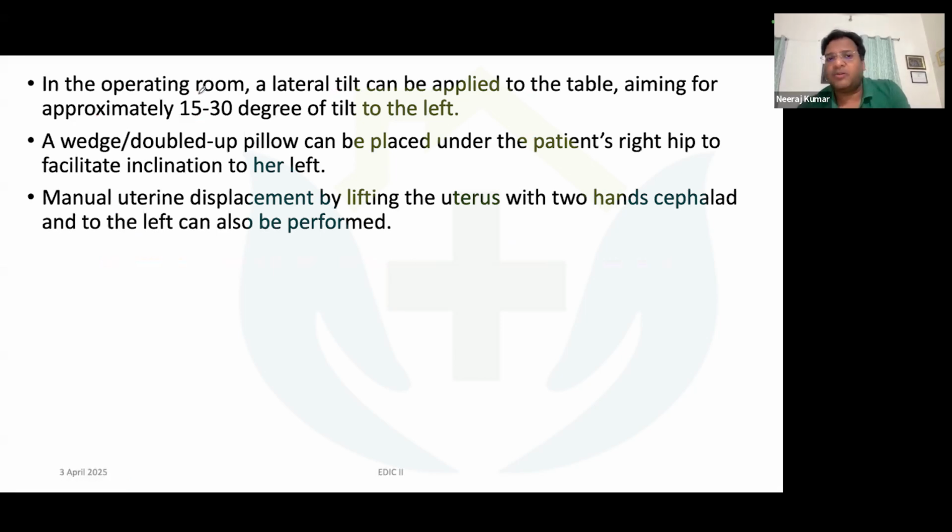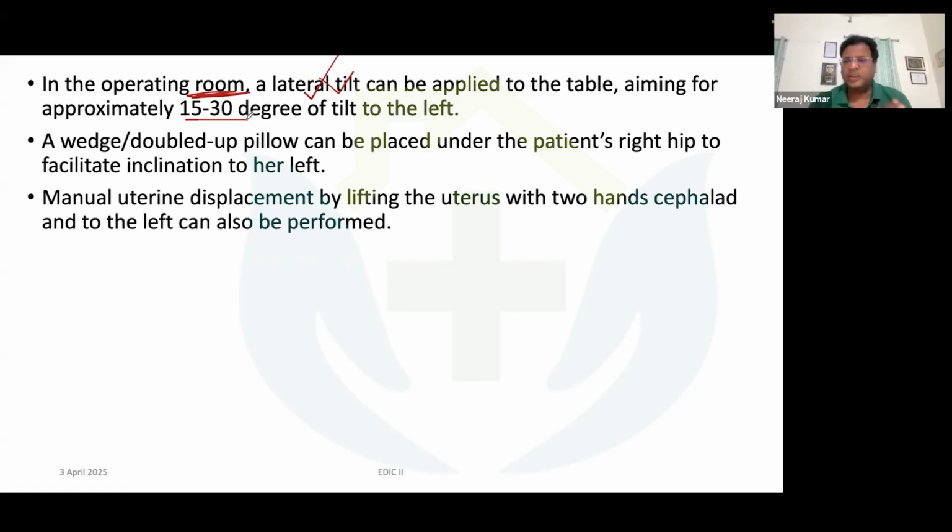In the operating room, if you are dealing with a pregnant patient inside the operating room, a lateral tilt can be applied on the table, right? So this is one of the points where you can apply a lateral tilt to the table. Why? Because you have to aim to keep around 15 degrees of tilt to the left side.